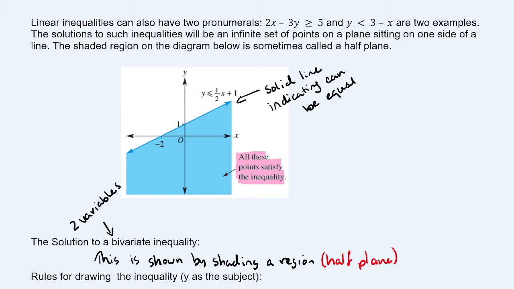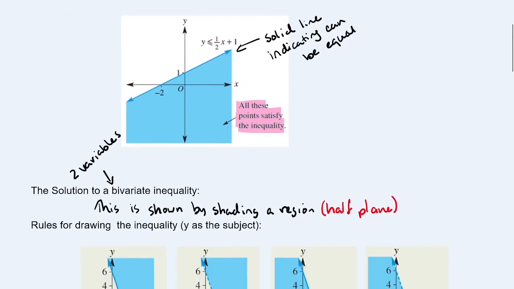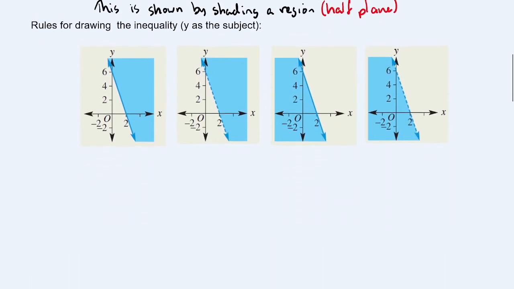Now there are some rules for drawing up inequalities. Let's have a look at them now. Our first one here is y is greater than or equal to mx plus b. So we're just going to use the generic version of the equation.